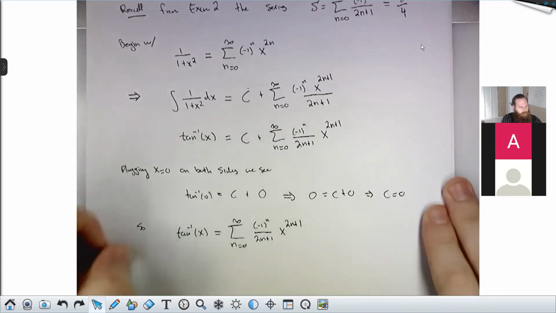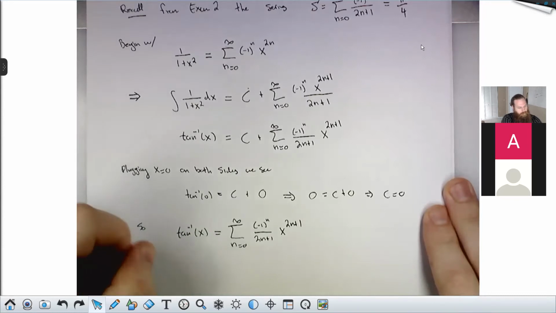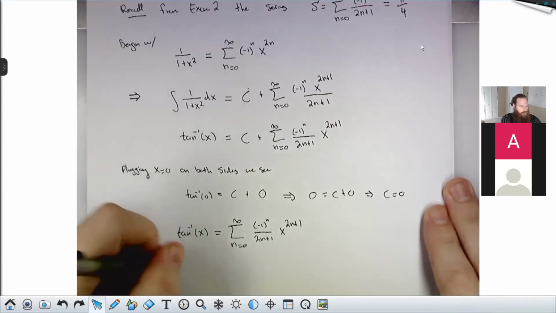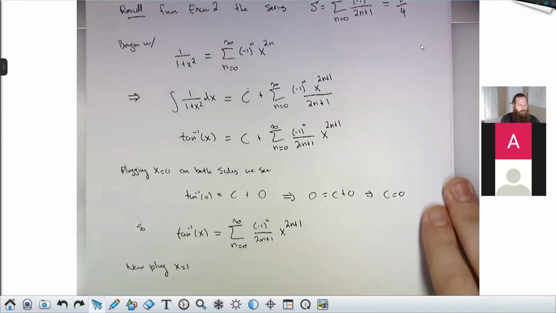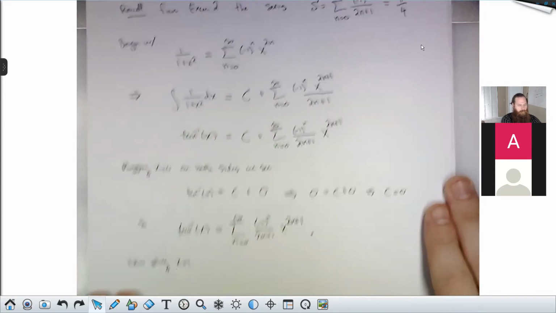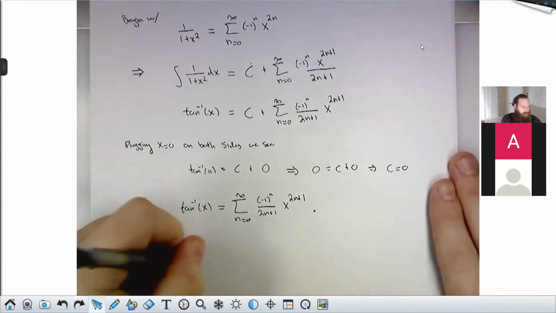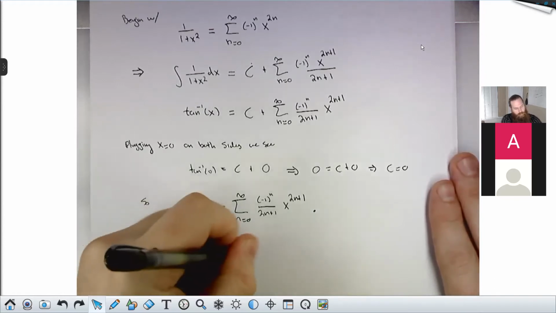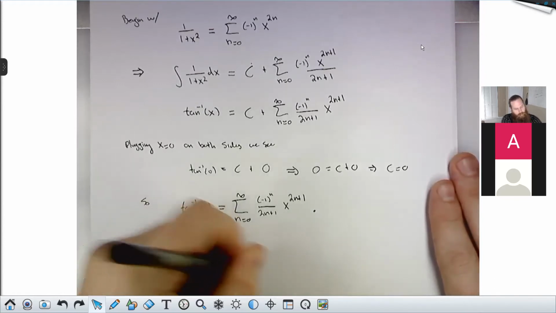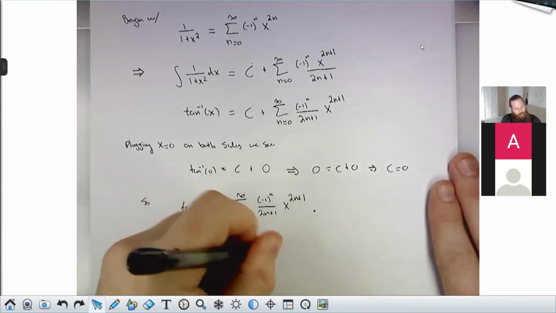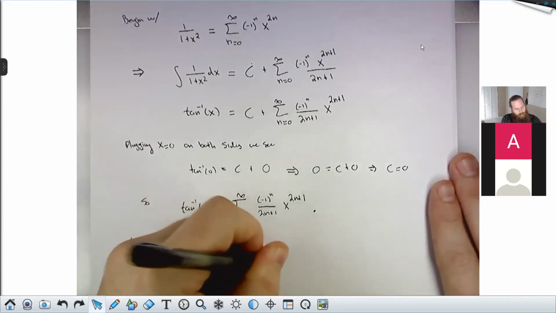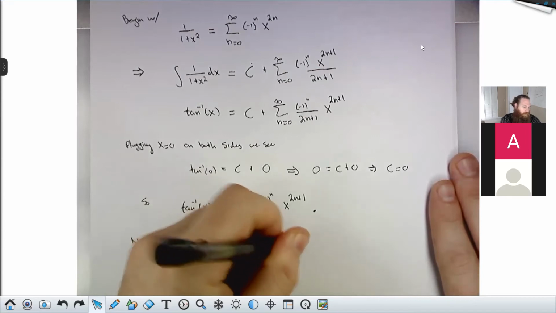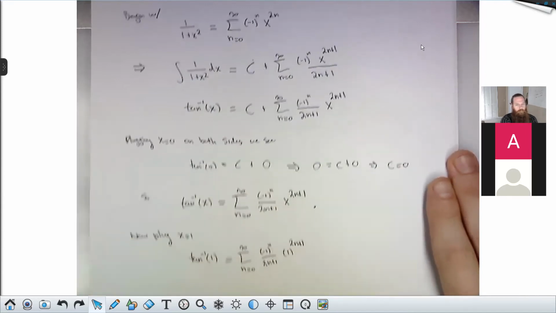Plug in x equals 1. Then you'll get the inverse tangent of 1 equals sigma n from 0 to infinity, -1 to the n over 2n plus 1 times 1 to the 2n plus 1.